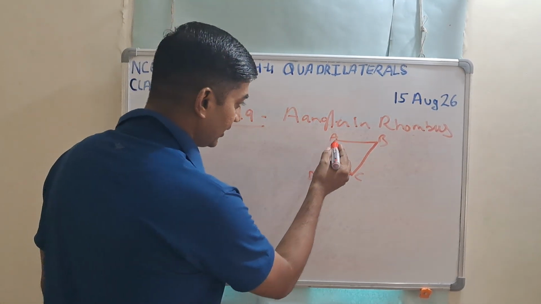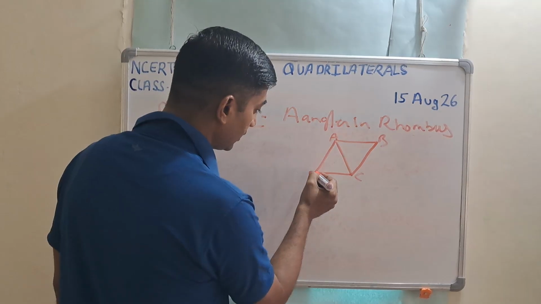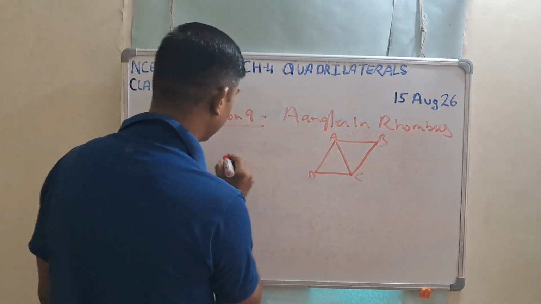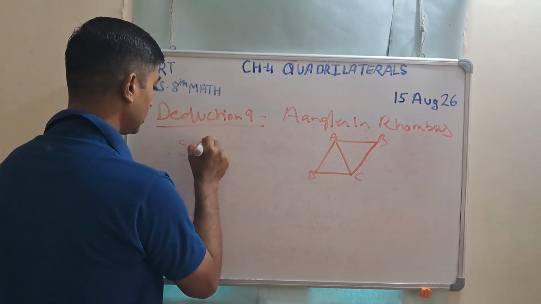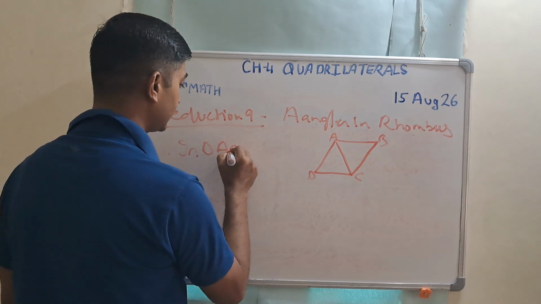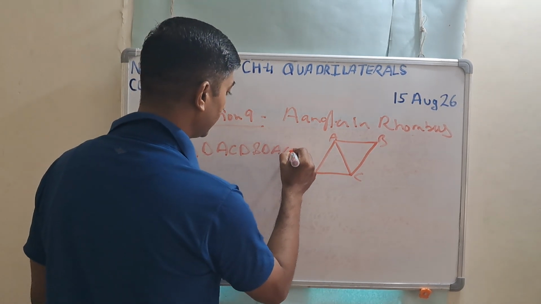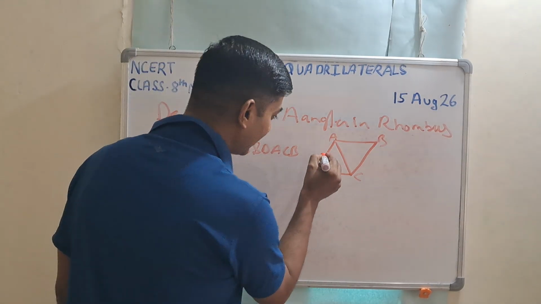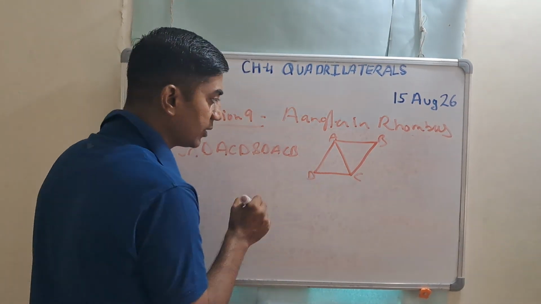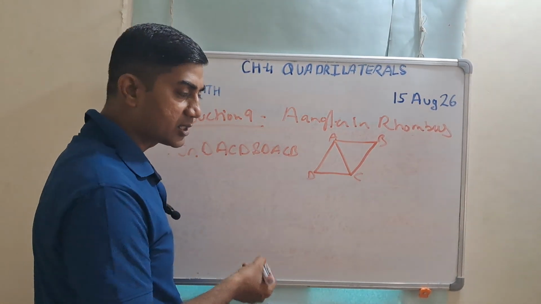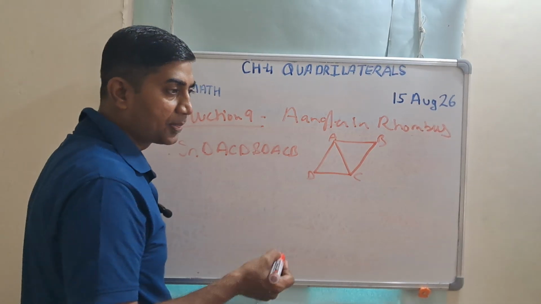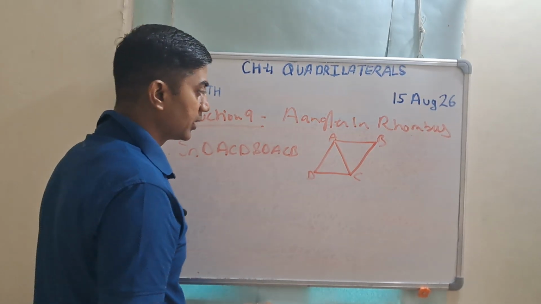Now see, in triangle ADC and triangle ABC, in triangle ACD and triangle ACB, what we see is, by the property of the rhombus, as we have just discussed, that all the adjacent sides are equal. Understood?